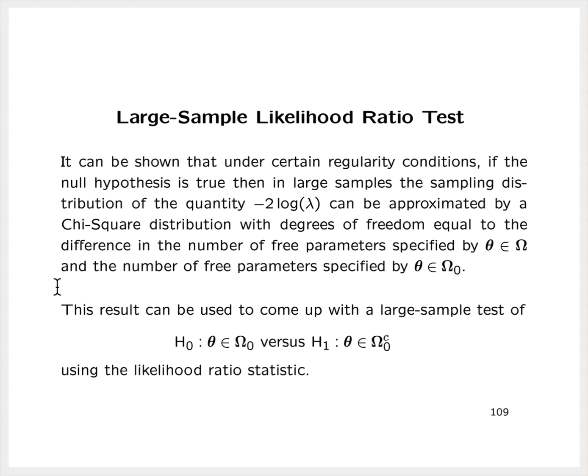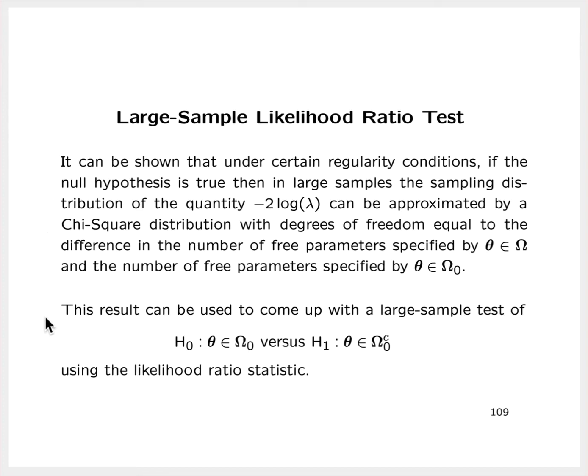And so this is a large sample test that allows us to approximate the true sampling distribution of lambda. Whatever that true sampling distribution is, we can approximate it with a particular chi-squared distribution, and then that allows us to come up with critical points from that approximating chi-squared distribution.